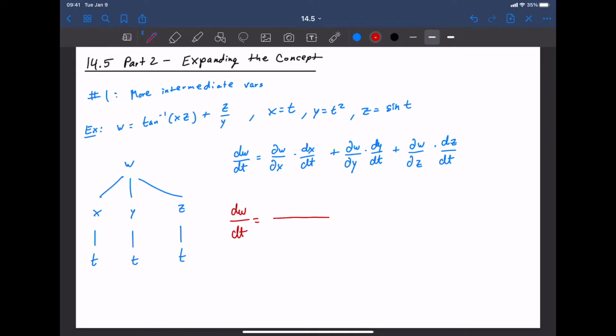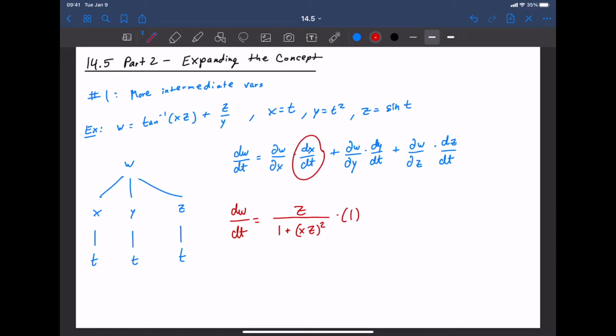For arctan, or tan inverse, 1 plus what was inside squared times the derivative of what was inside times its chain rule component with respect to X, keeping Z a constant. If it said tan inverse of 5X, I would put a 5 on top, times the derivative with respect to X.